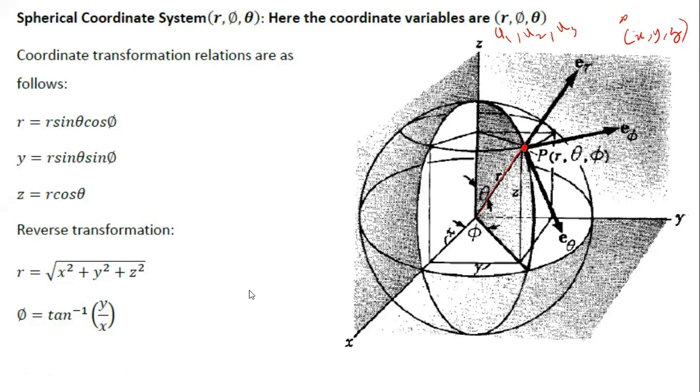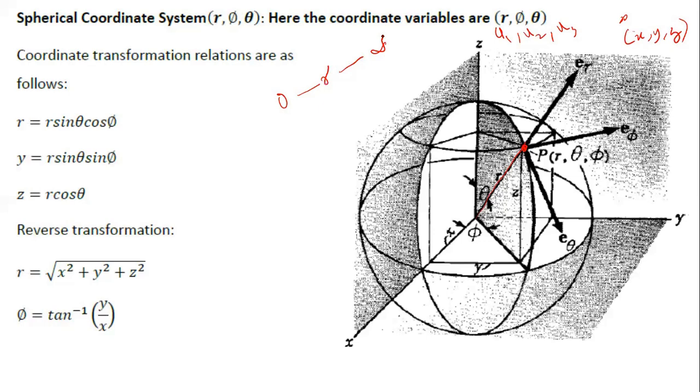In order to cover every point in the space, if you are at the origin, the value of r is 0. If you want to define the location of any point in the space, you should be able to extend your r value till plus infinity. So the r variable can vary from 0 to infinity to cover every point in the space.